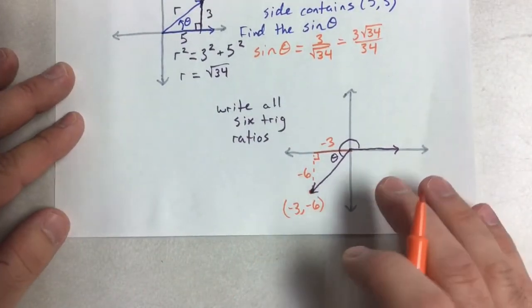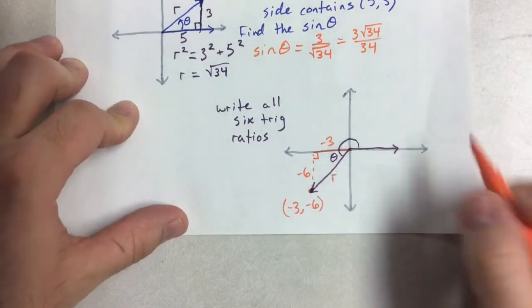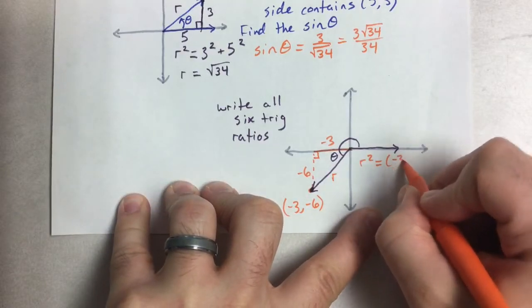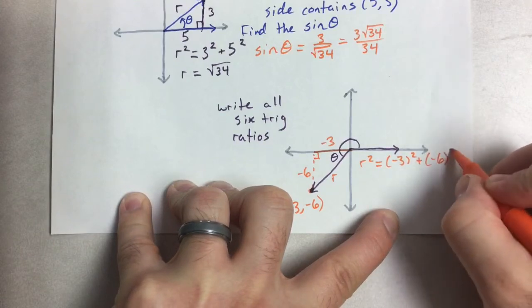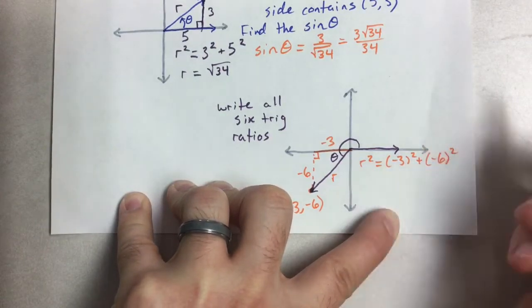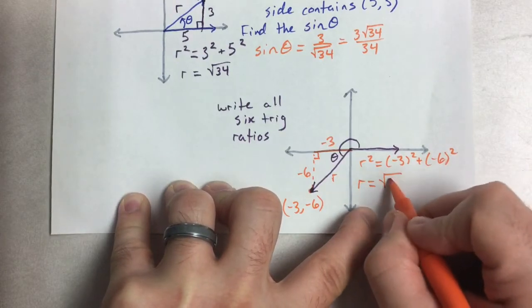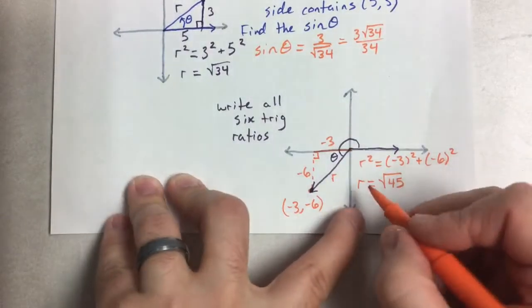So I want to find all 6 trig ratios. Well, I need the radius first. So our radius would be r squared equals -3 squared plus -6 squared. Doing our computation, we get r to be the square root of 45. And I'm going to make a note right now.